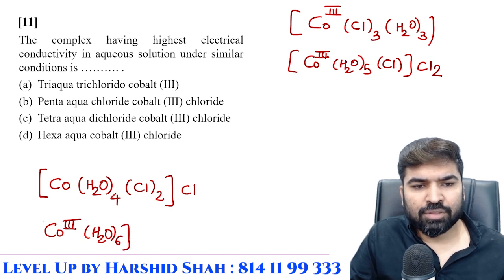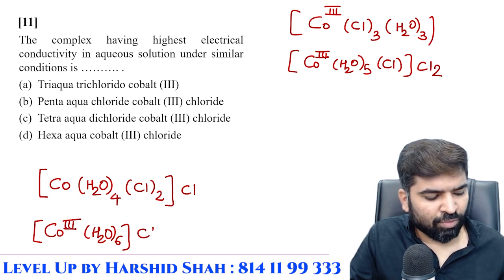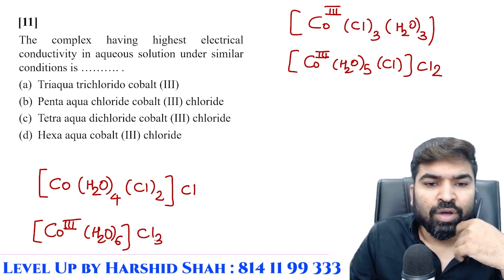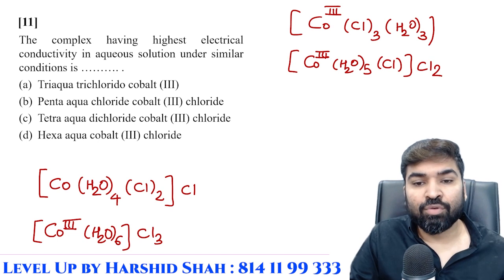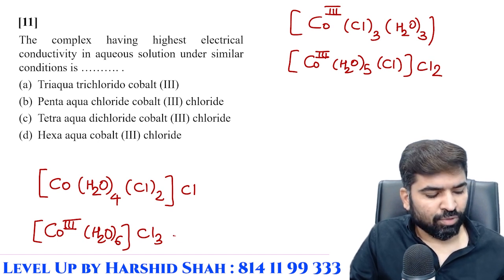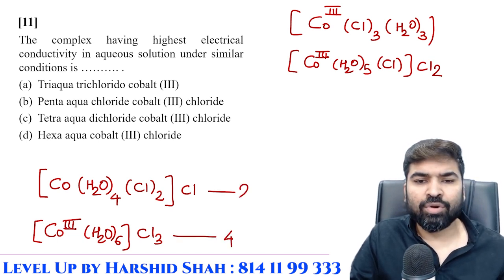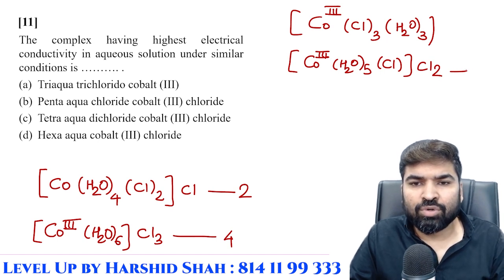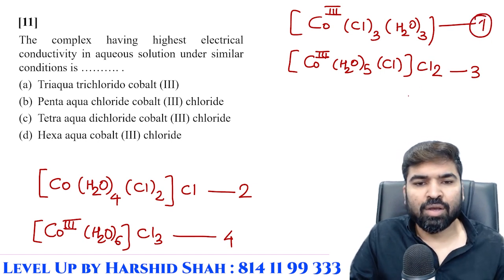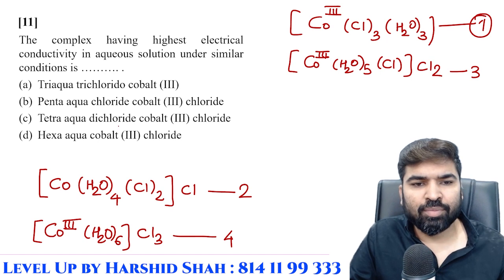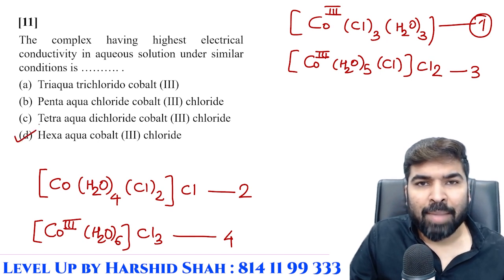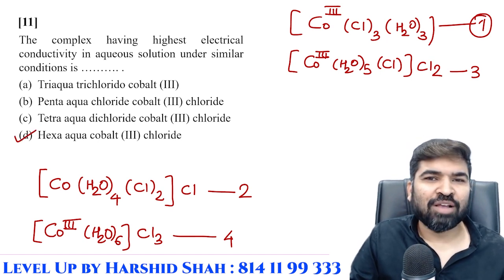The complex is complete, and with the 3 chlorines which are outside, this is going to give you how many ions? 4 ions in the solution. There is going to be 4 ions in the solution. There are going to be 2 ions in the solution. There is going to be 3 ions in the solution, and there is not going to be a single ion. That's a single entity actually. So no ions. So the answer is going to be the number 4. That is going to have the maximum number of ions. So maximum conductivity.